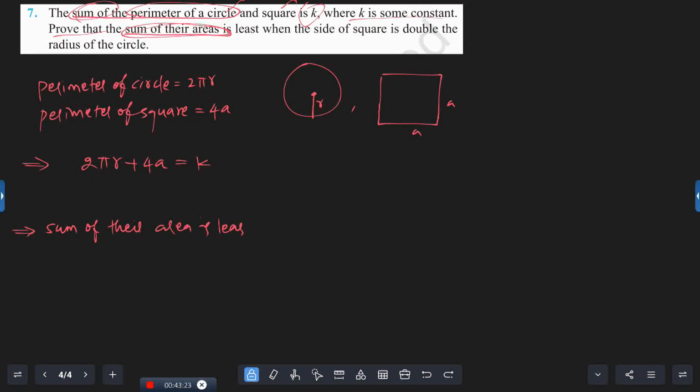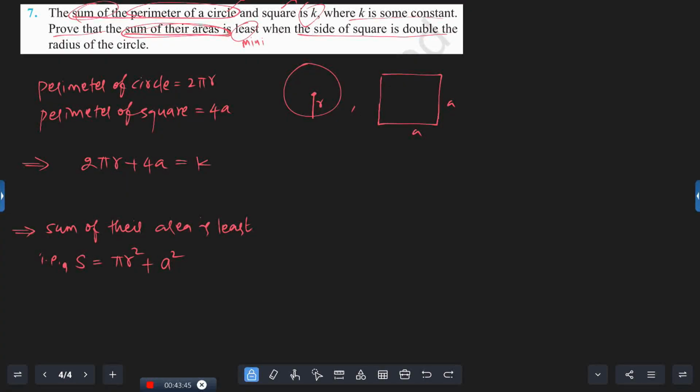Least means minimum. That is S is equal to the circle area pi r square plus the square area, side square. So this one you have to show is minimum. When the side of the square is doubled, what is one more?